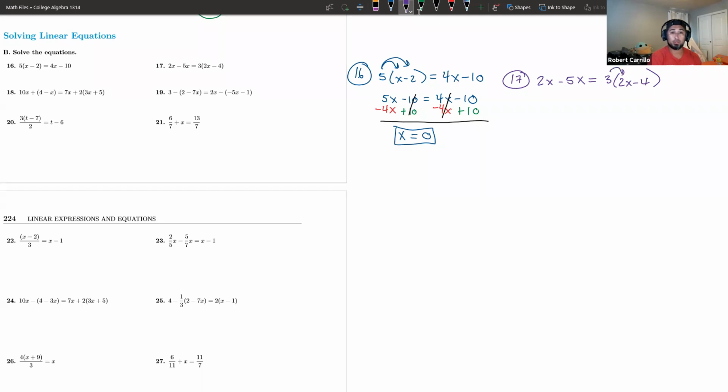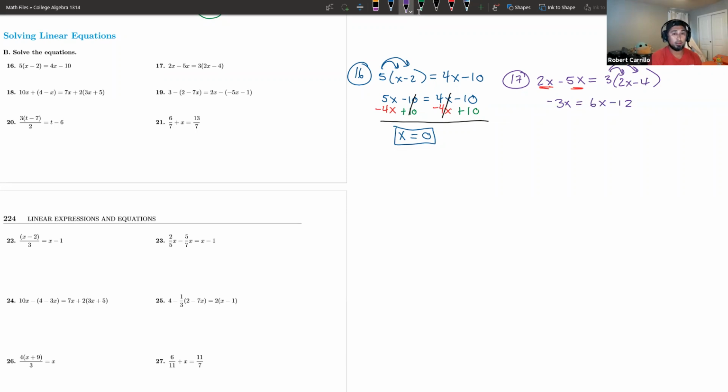So we're going to distribute this 3 into the 2x and to the negative 4. And also, on the left side, since these both have an x, 2x minus 5x, we can subtract those two and I'll get negative 3x equal to 6x minus 12.